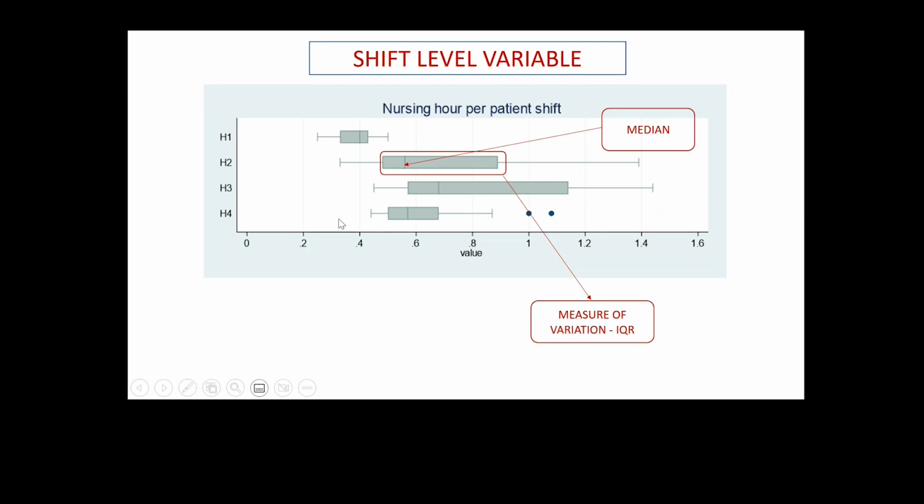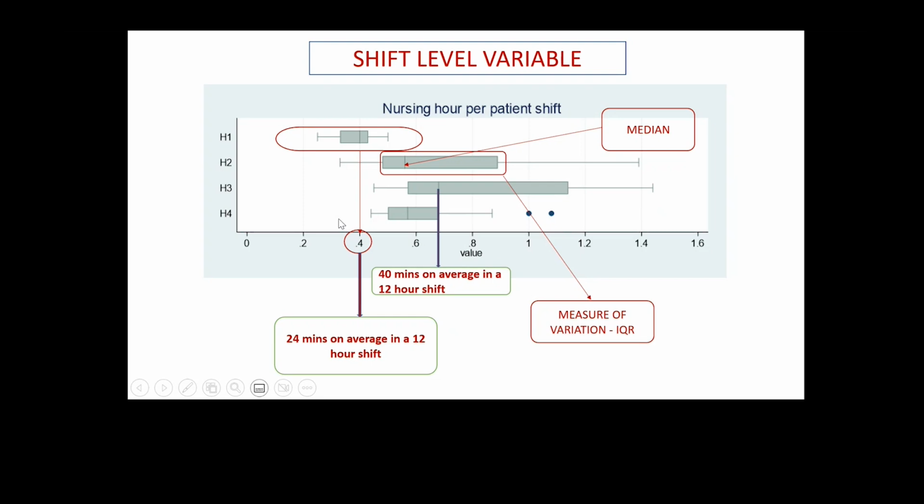I've presented this earlier to some of us on the call, but just to highlight, if we were to translate this into average time provided by nurses on a 12-hour shift per patient, H1 is 24 minutes, and H3 is 40 minutes. Not to consider the absolute value, I want us to start trying to interpret this in a fidelity sense. At baseline in H1, it was 24 minutes on average per patient for a 12-hour shift.